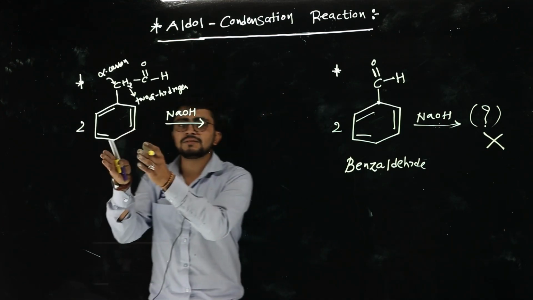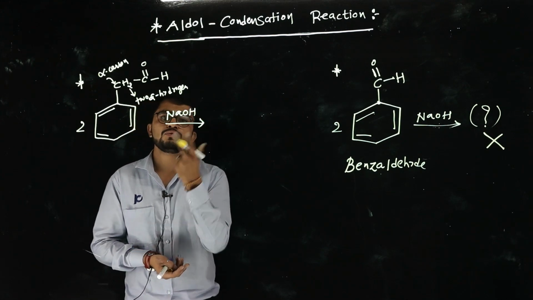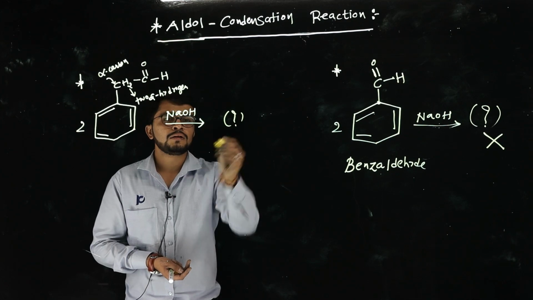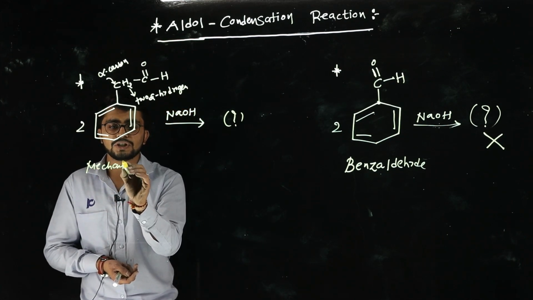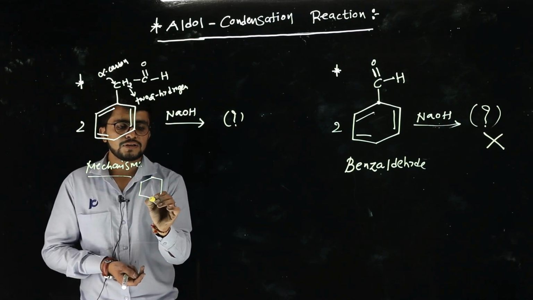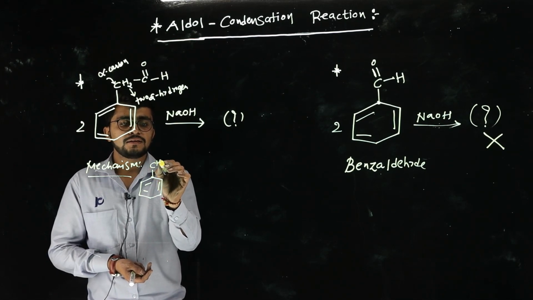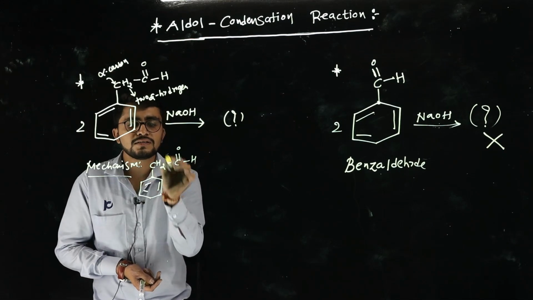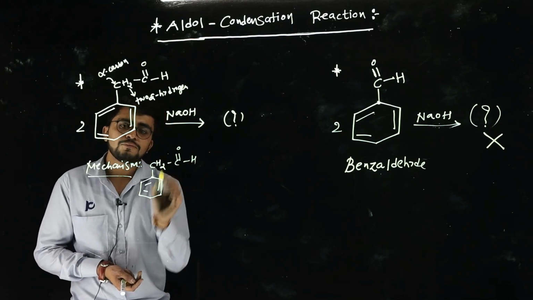But in this reaction there is the requirement of alpha hydrogen, and there are two alpha hydrogens. So what type of product is formed in this reaction? What is the mechanism? The general mechanism is there. It is not benzaldehyde, but a substitution, an insertion of a CH2 group. So what is the IUPAC name of this compound?